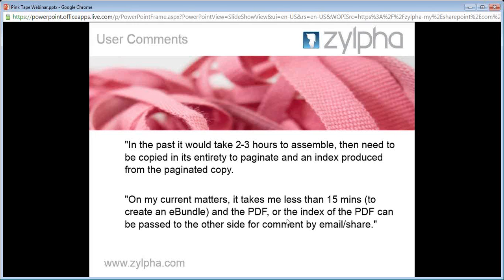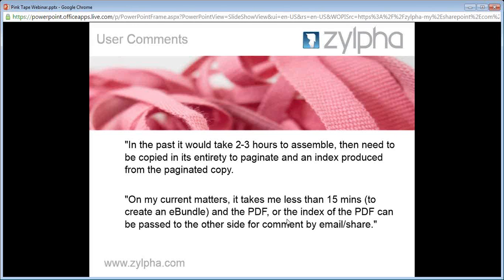What I wanted to just finally touch on was a couple of comments that have come through. One is from a private practice, and one is from local authority. And really, these underpin what is the point of doing all of this.